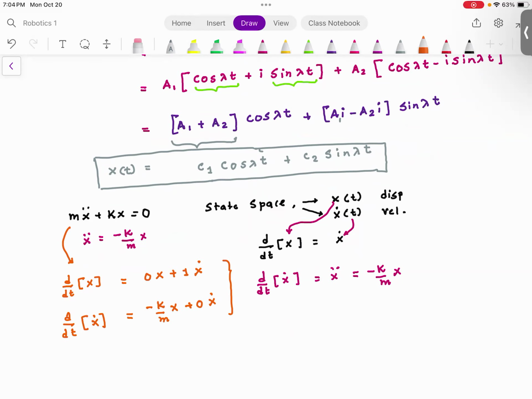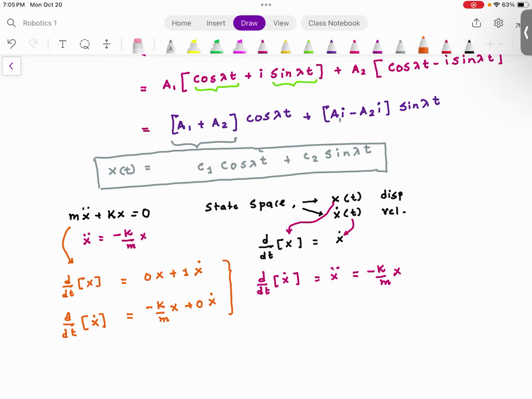The first relationship is within the state variables. My first state variable is x. My second state variable is x dot. So d by dt of x is equal to x dot. d by dt of x dot is x double dot. And that x double dot is nothing but minus k over m x.